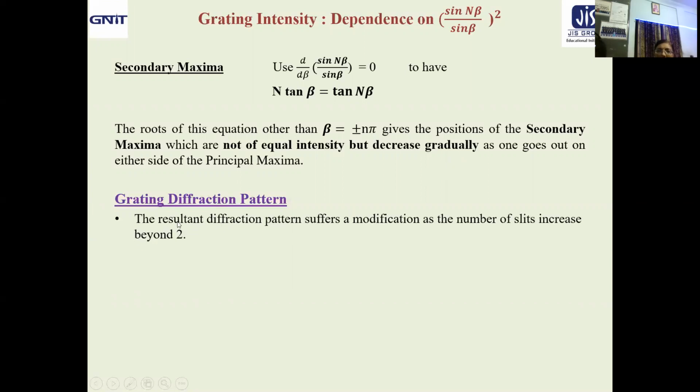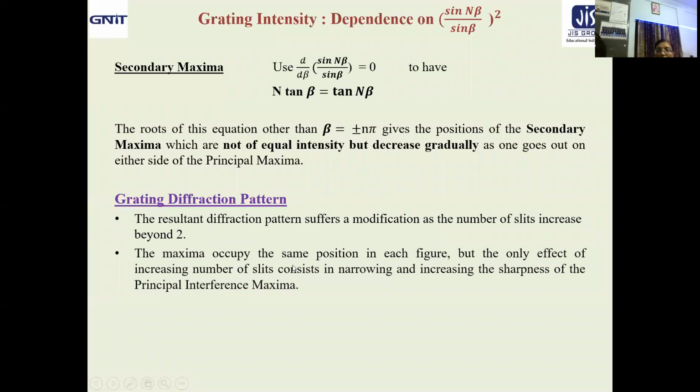Now, the resultant diffraction pattern as a whole suffers a modification as the number of slits increases beyond 2. So in case of grating diffraction pattern, from the above discussions, we can conclude that the resultant diffraction pattern suffers a modification as the number of slits increases beyond 2.